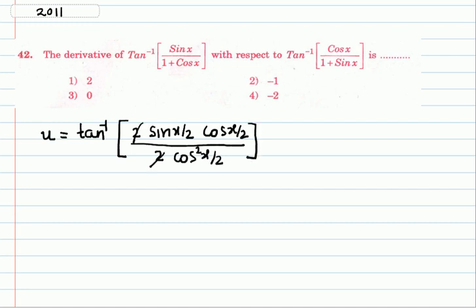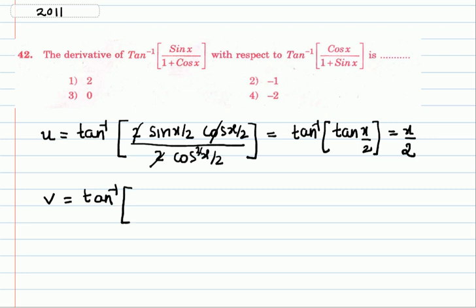Hence 2 gets cancelled, cos function gets cancelled. What we have is tan inverse of tan x by 2. Hence what should be the u value? x by 2.